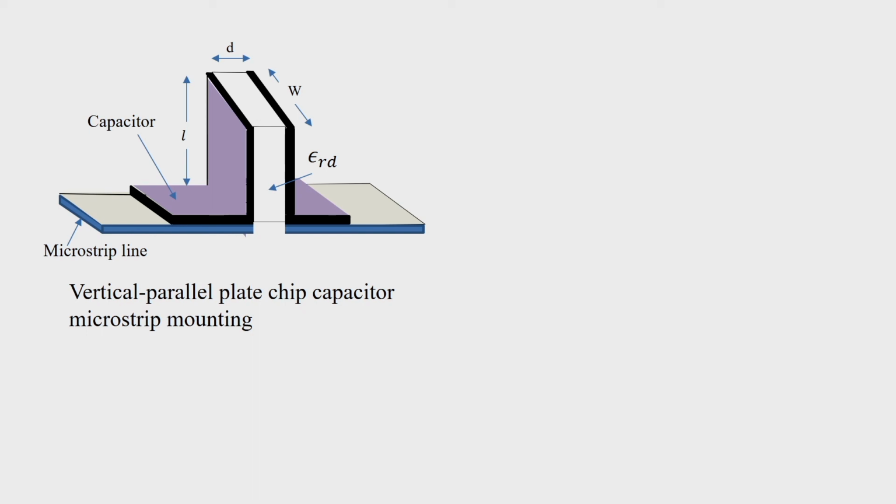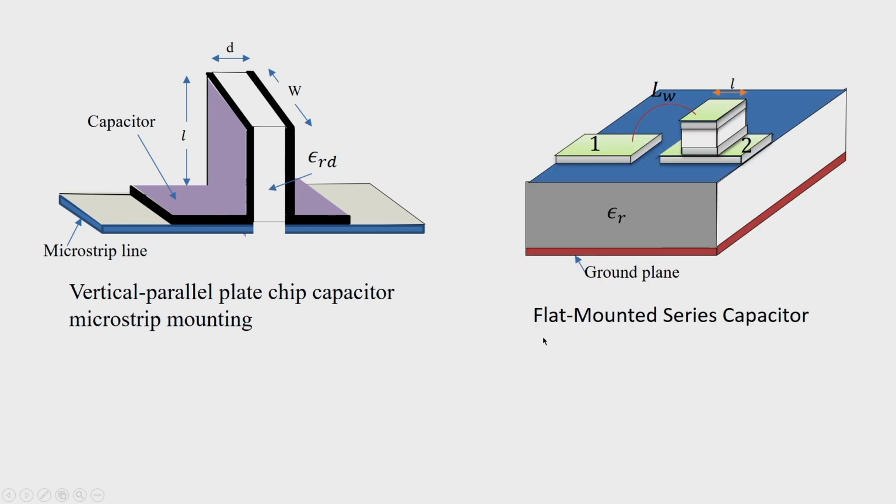So, this is the connection of a vertical parallel plate chip capacitor with a microstrip mounting. So, here is the microstrip line and this forms the capacitor and the capacitor is placed vertically.